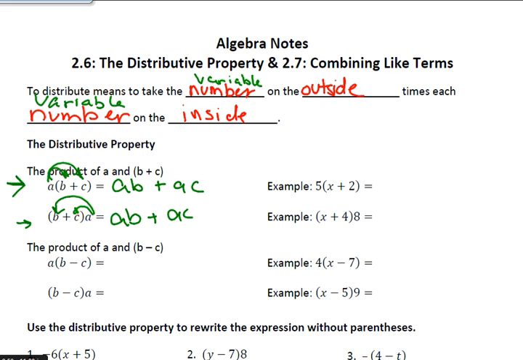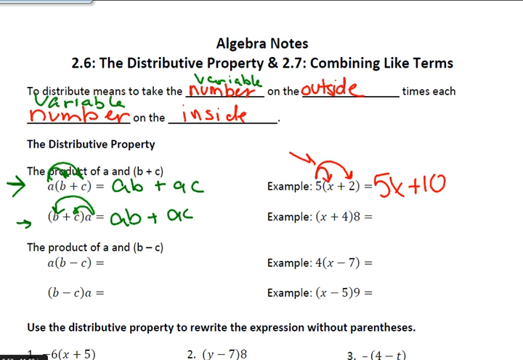If we look at this in an actual example, we have 5 times the value of x plus 2. So I'm going to take the number on the outside, 5, times each thing on the inside. So 5 times x is 5x. And 5 times 2 is positive 10.